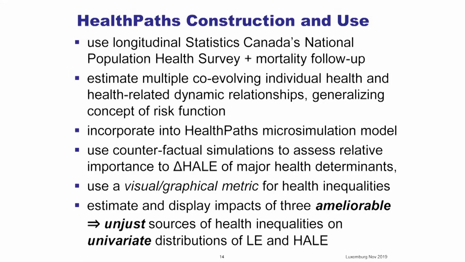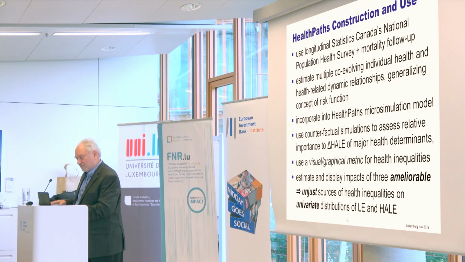So we're going to focus on one survey, the National Population Health Survey at Statistics Canada, started in 2004 up till 2010. And it's been linked to the death record, so we have mortality follow-up. We're going to estimate these multiple co-evolving relationships, incorporate them in the model, and we're going to use a visual or a graphic metric for health inequalities.